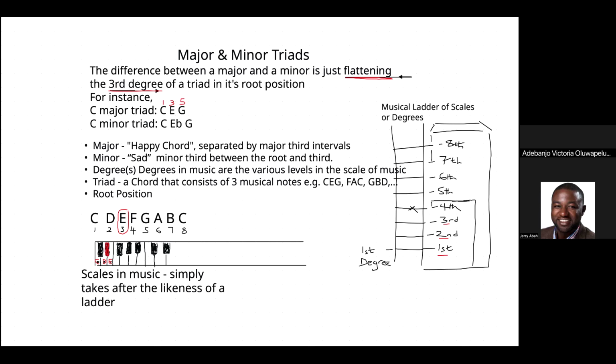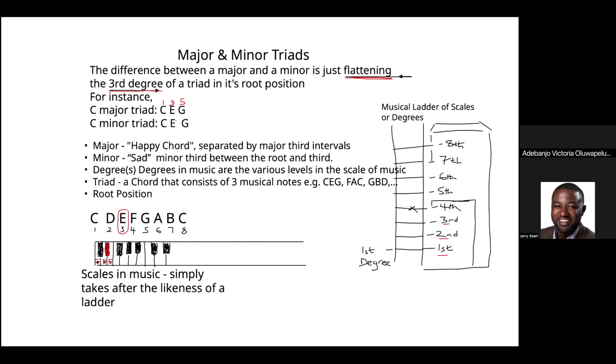And then C minor triad, we just need to flatten the 3rd degree. What's the 3rd degree? The E in the middle. Flattening it gives it the flat symbol. Remember that this is supposed to be the flattening symbol and not a B per se, but because it's hard to find that symbol, sometimes I just prefer to write it with the hand.